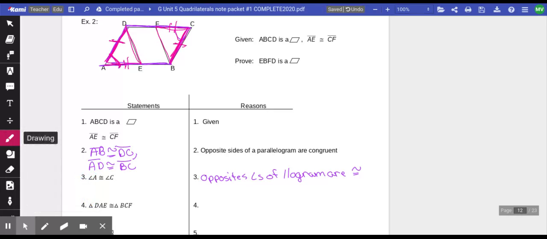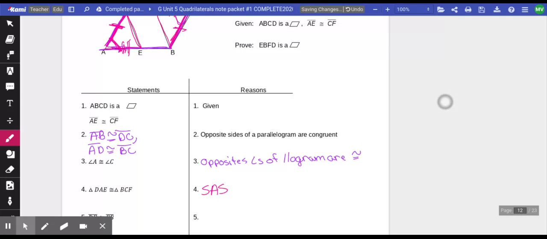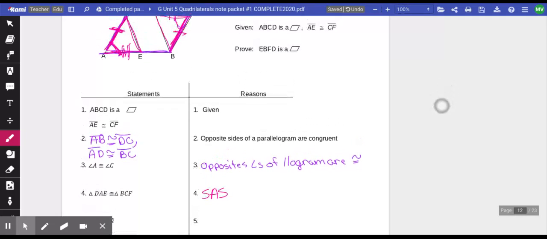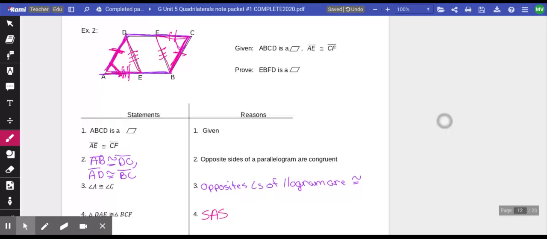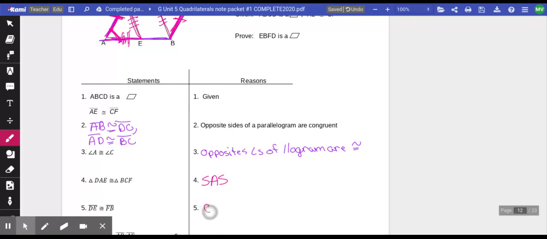So that means those triangles are congruent by side, angle, side. So now, why is DE congruent to FB? Well, those are parts of our congruent triangles, so that means that CPCTC, corresponding parts of congruent triangles are congruent.